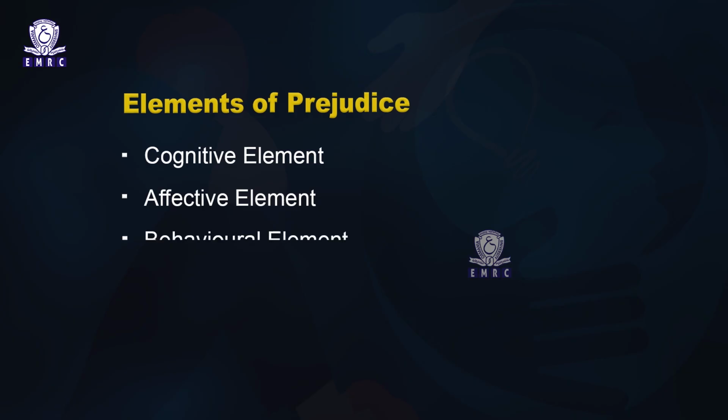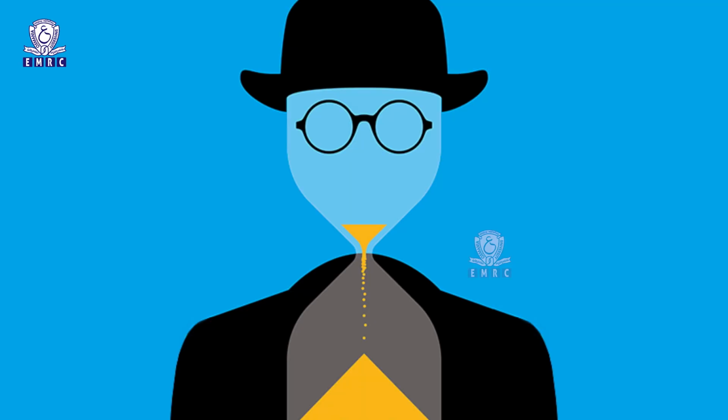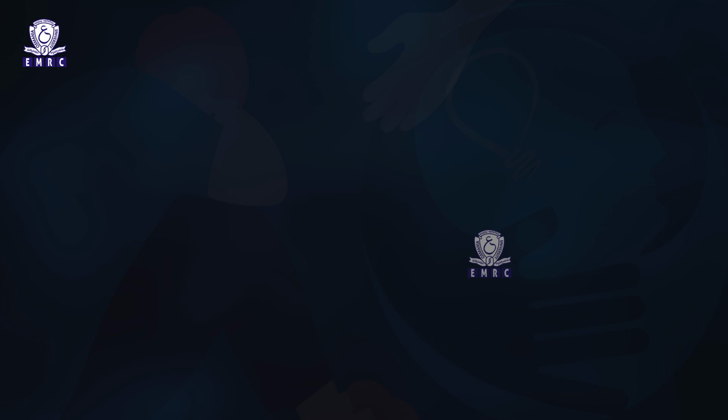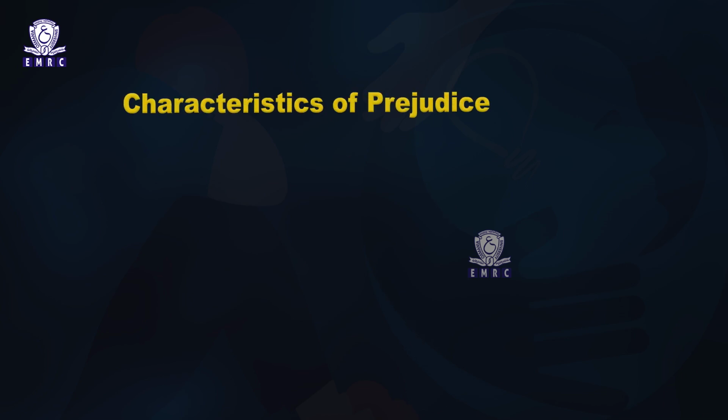The third component is the behavioral element. The term behavior involves action. For anything to be called a behavior, it needs to be specific, measurable, and observable. When it has all three, then I call it a behavior. Now we move on to the characteristics of prejudice.